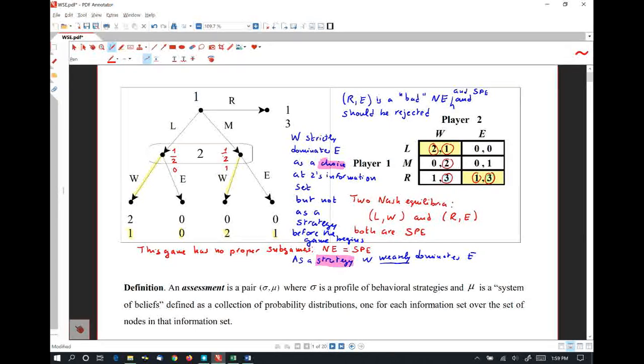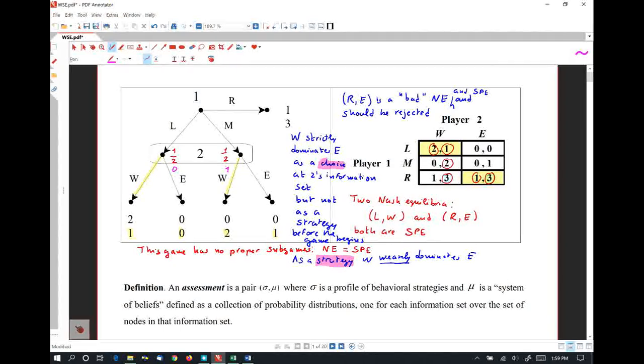So she could attach probability 0 to the left node and 1 to the right node. Another belief could be probability 2/3 to the left node and 1/3 to the right node, and so on.